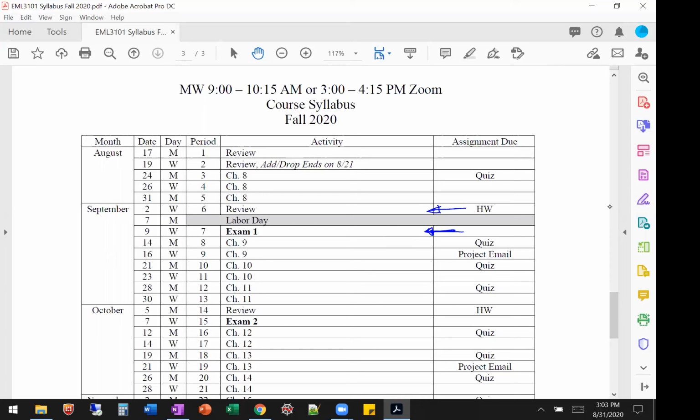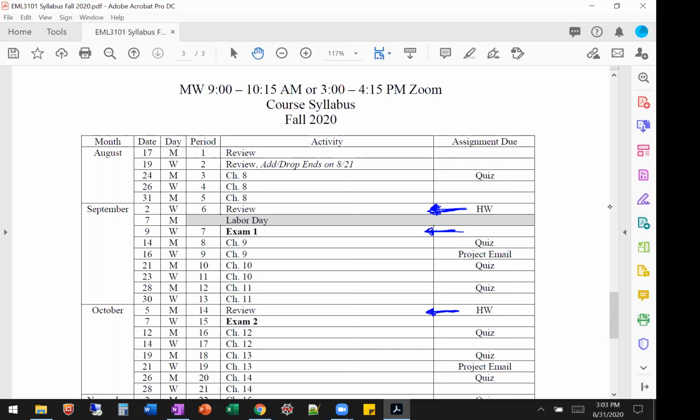And the reason, basically, and I've done this for all these, I've changed the homework to be due the review day. That's so you get the homework done and then you review after that. So you can try to get a big picture after it versus scrambling to get the homework done. I feel like a lot of people then don't get enough time to go back and review it, so you don't get the big picture.